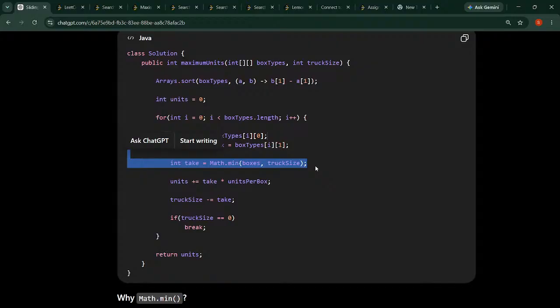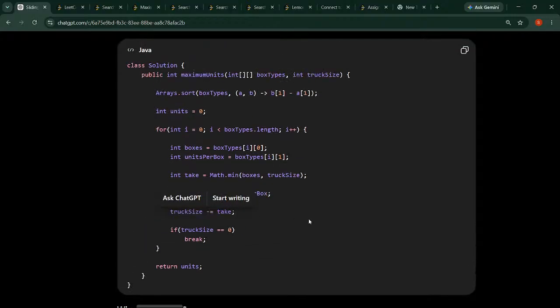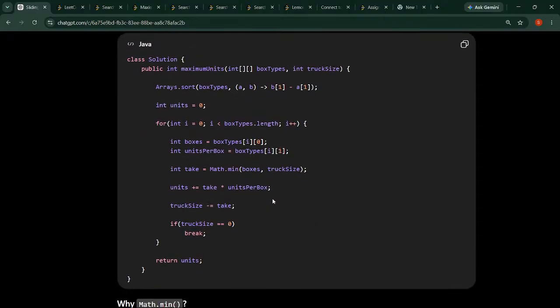Then we'll be adding units as we take the minimum box and the units per box, and we'll be reducing the truck size by take. Fine, okay. We have to take the minimum box, i0 and i1, right? Boxes and units per box.